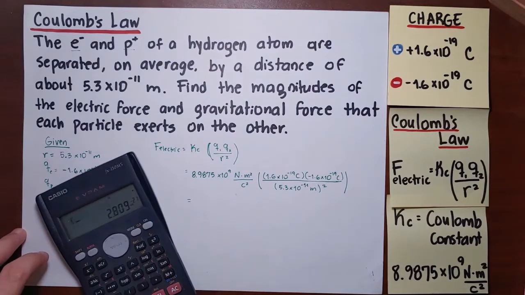Now, 8.9875 exponential 9 times 1.6 exponential negative 19 times negative 1.6 exponential negative 19, divided by the answer.